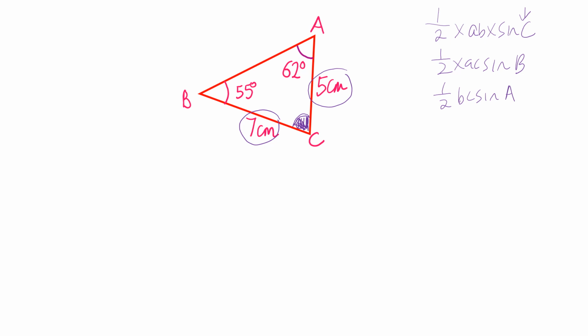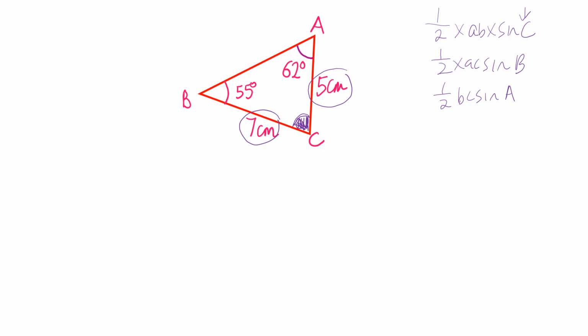Right, so what John and Mary have not done correctly is they have not used the correct angle. They just simply chose any of the angles given in the triangle, and that's it.